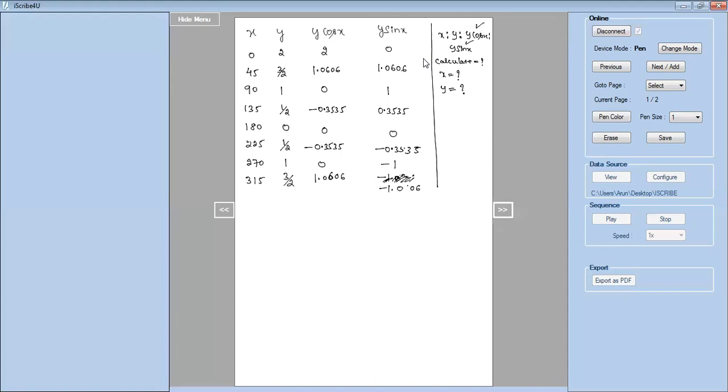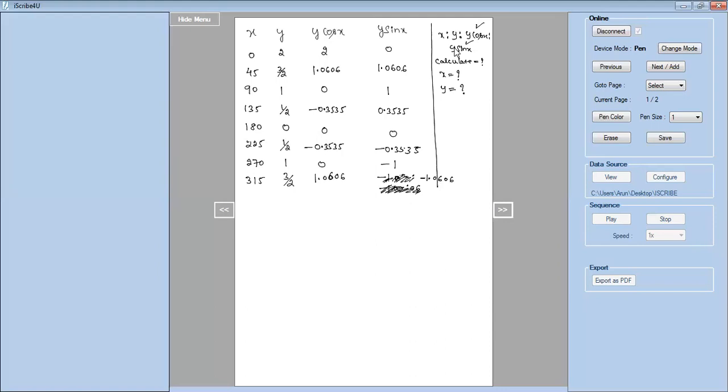Minus 1.0606. Okay, so these are the y cos x values and y sin x values.